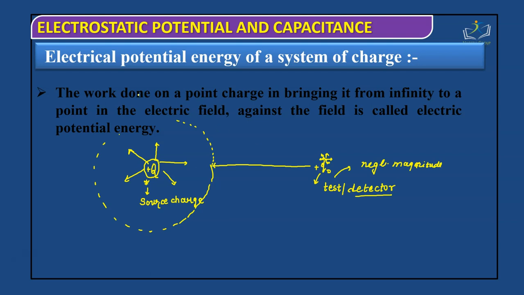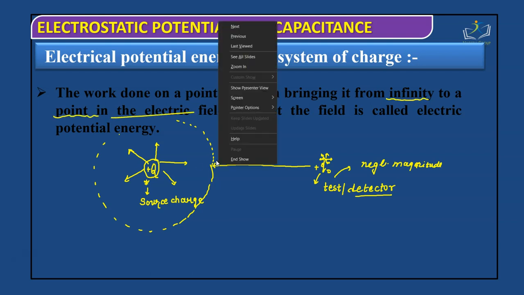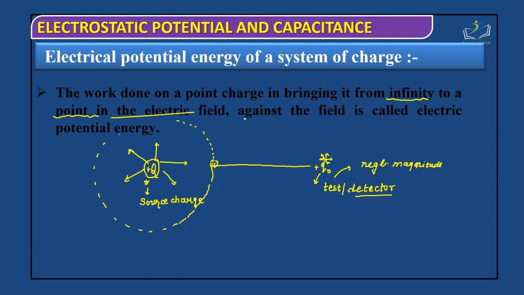So, if we are bringing a particular charge from infinity to a particular point in the electric field, as you can see, the work has to be done against the electric field. If we try to enter this particular field, because of the repulsion, the force is applied in this direction.